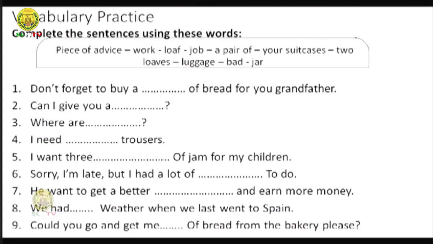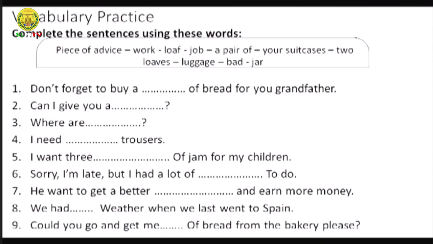Number 6, sorry I'm late, but I had a lot of work to do. He wants to get a better blank and earn more money. So what should we put here? He wants to get a better what? A better work. It could be work. Okay.